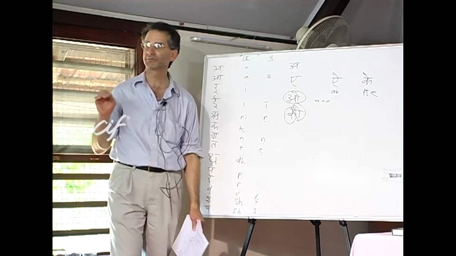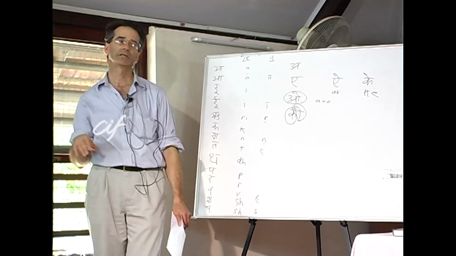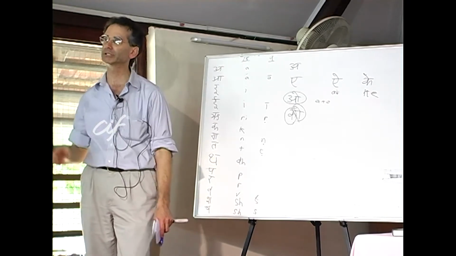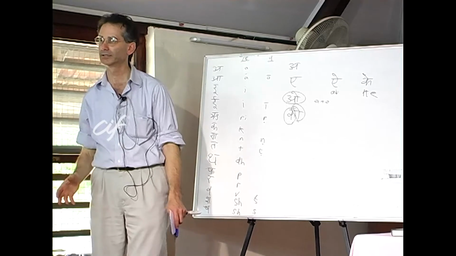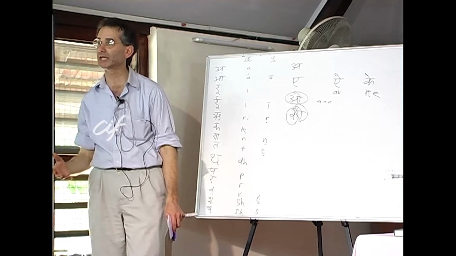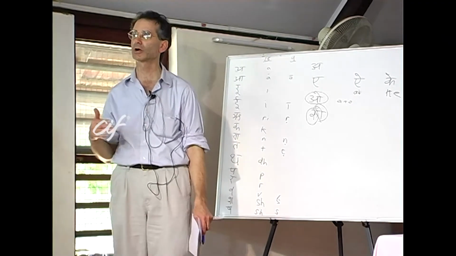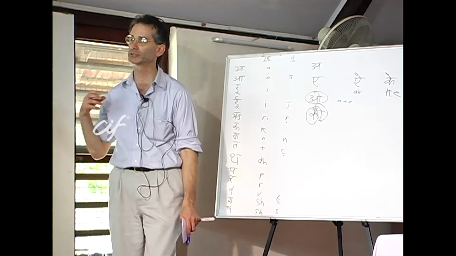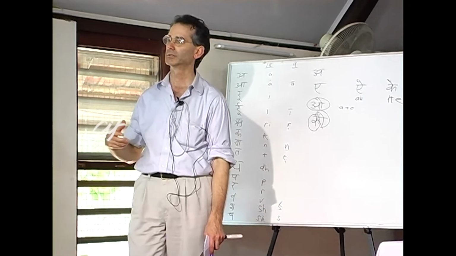So similarly, the Devanagari script evolved from Brahmi, which was originally meant to represent Prakrit, but additional modifications were made to that script to accommodate sounds in Sanskrit which originally did not belong to Prakrit.